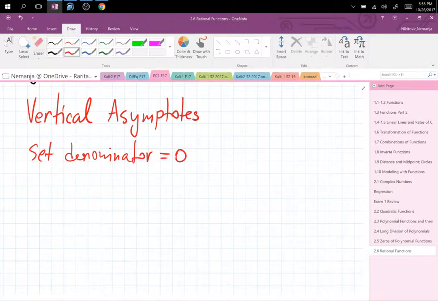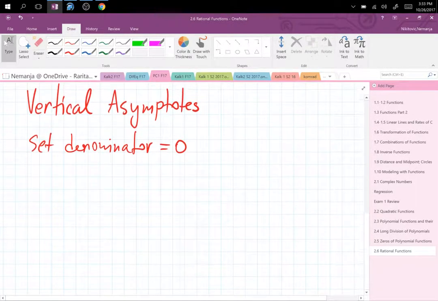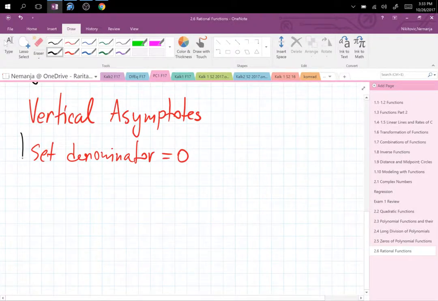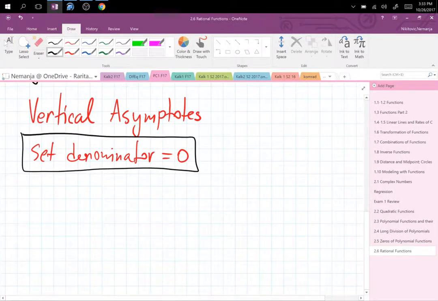Now, I need to make sure that you know that your function needs to be in the lowest terms. So you have to make sure that everything is canceled. I'll show an example of what I mean later. So for vertical asymptotes, we set the denominator equal to 0.